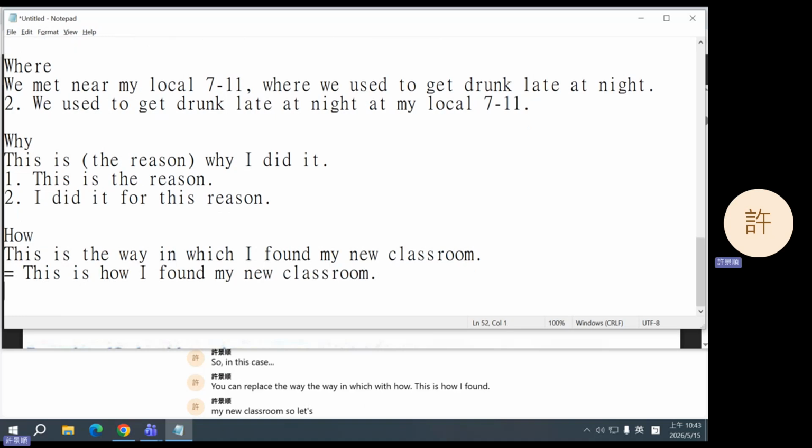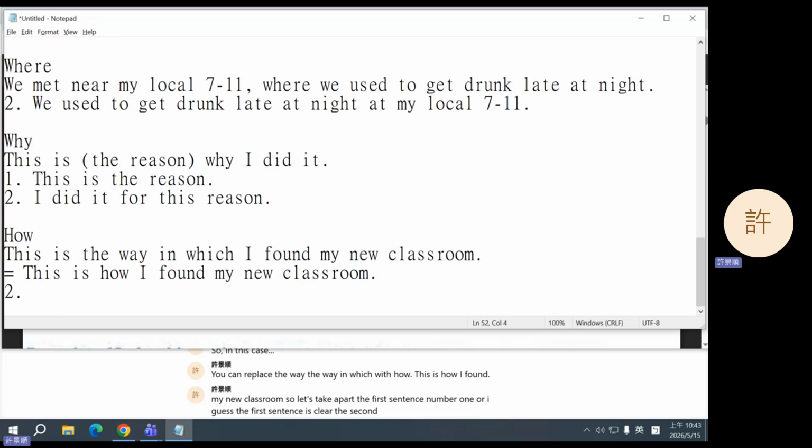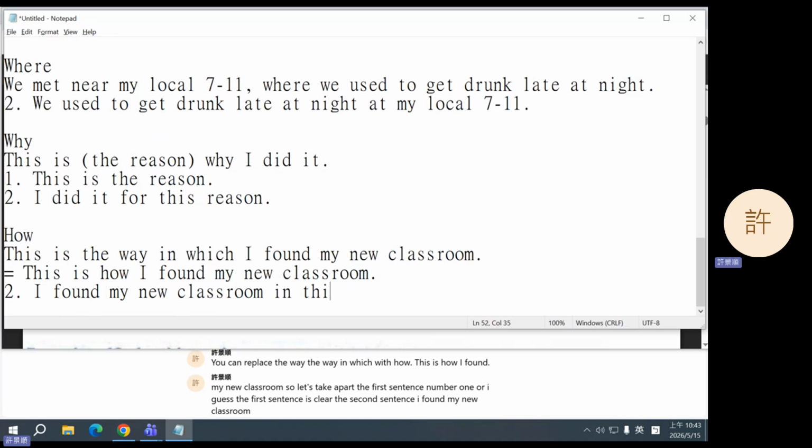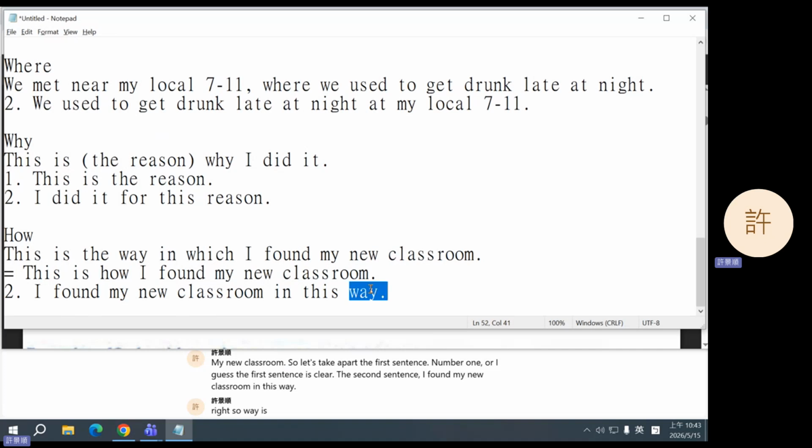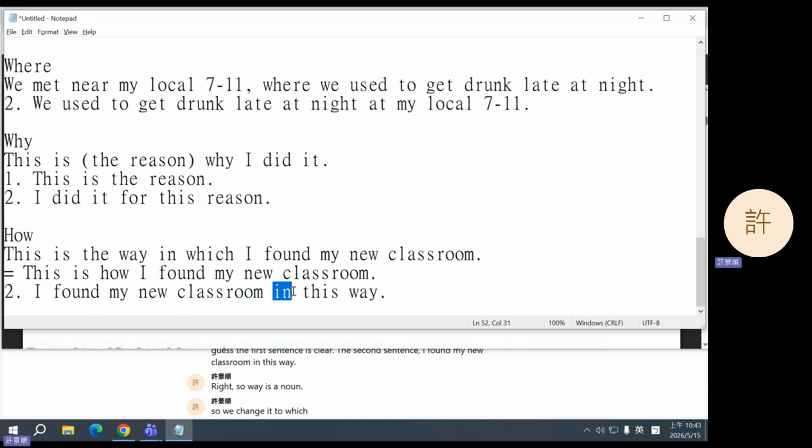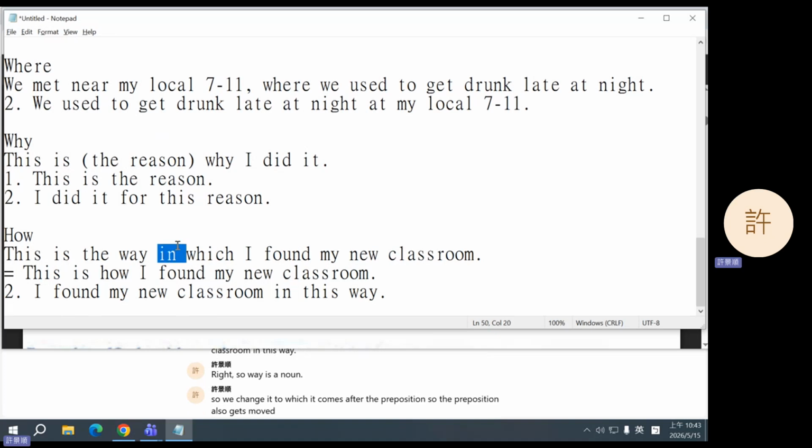So let's take apart the first sentence. The first sentence is clear. The second sentence, "I found my new classroom in this way." Right? So "way" is a noun. So we change it to "which." It comes after the preposition, so the preposition also gets moved to the front.